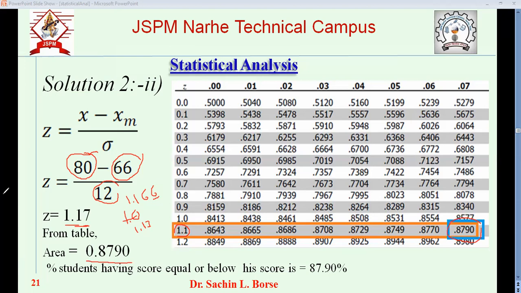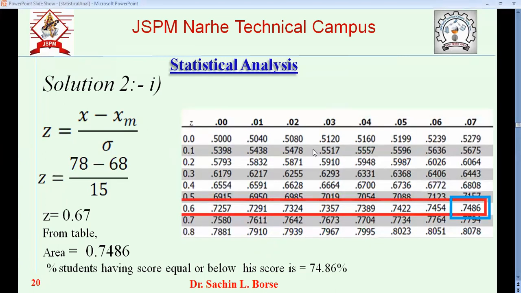So how many students have a score equal to him or below him? It is 87.9%. Now, this time his percentage is better. How much is the difference in marks?